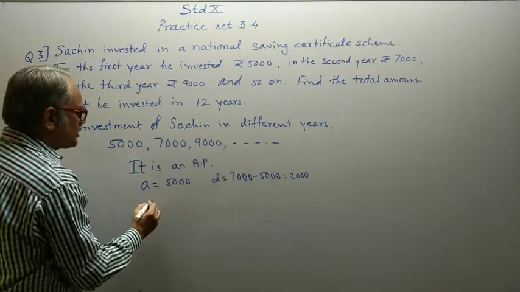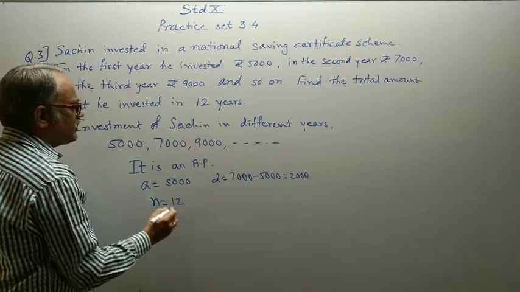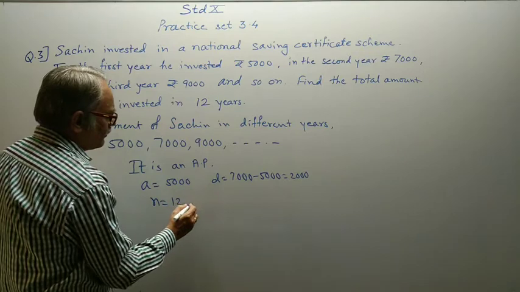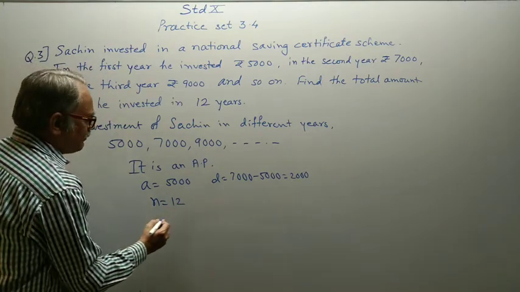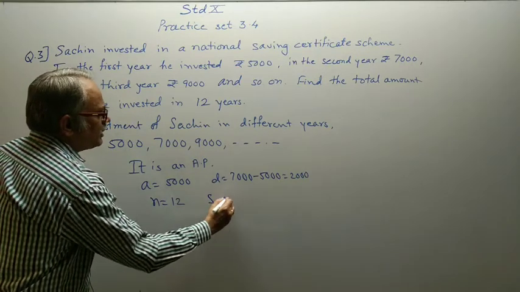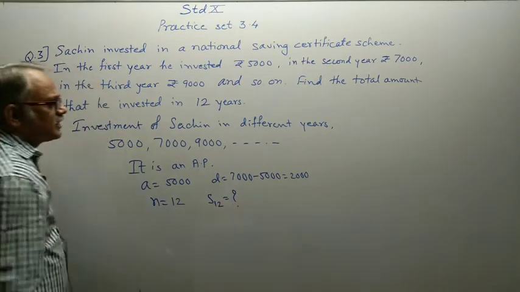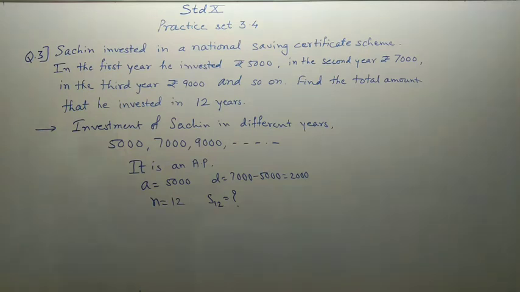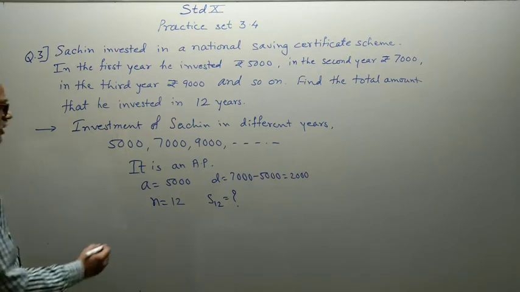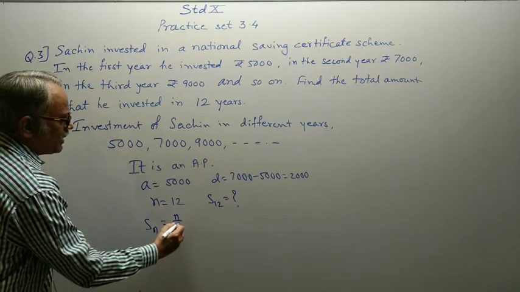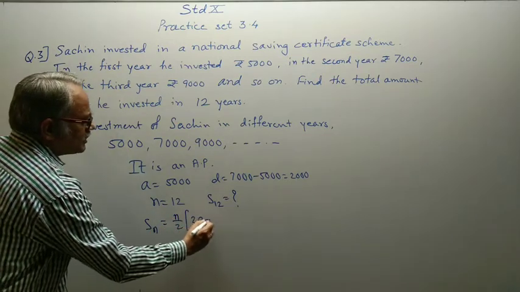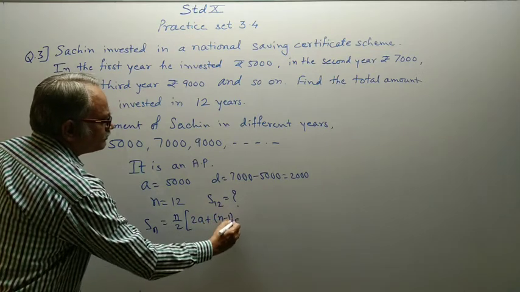For how many years? 12 years. Means every year once, total 12. N is 12. To find S12. S12 total finding, total saving in 12 years, sum of 12 installments, S12 equal to question mark. So I have to use formula. Sn is equal to n by 2 bracket 2a plus n minus 1 into d.